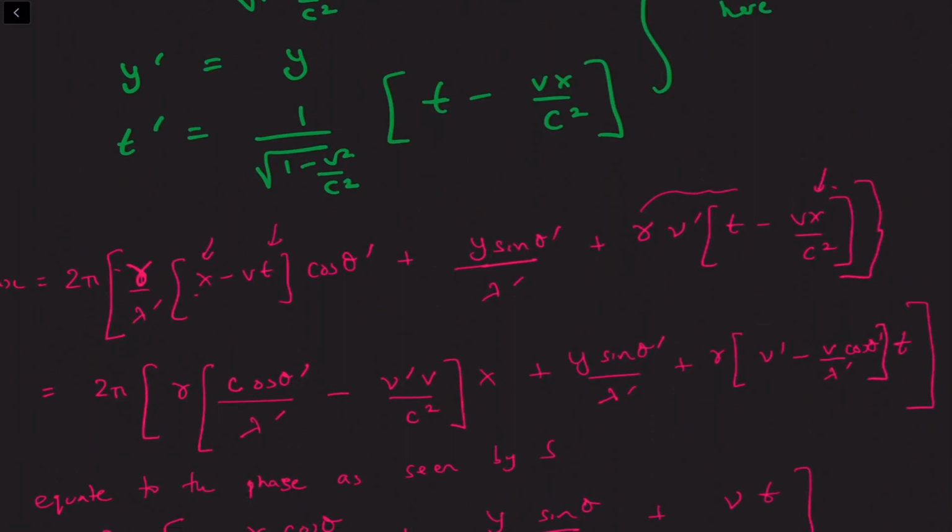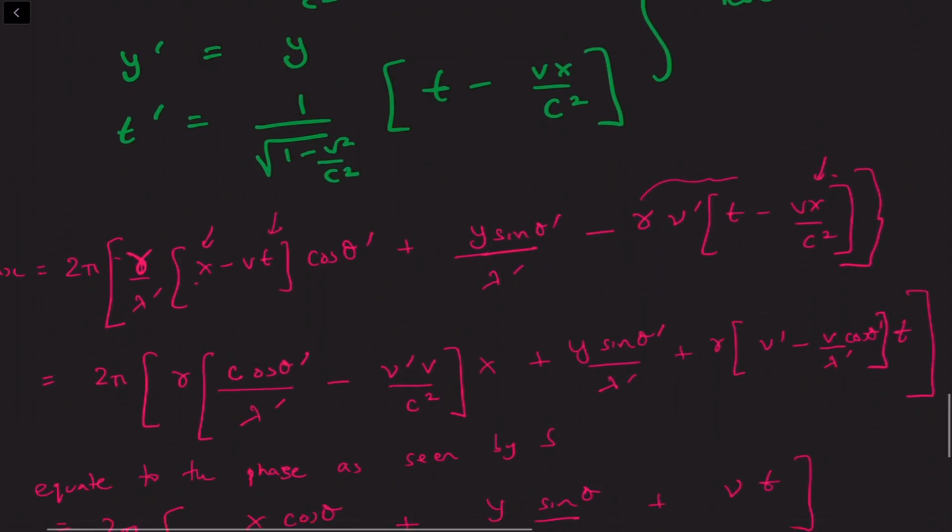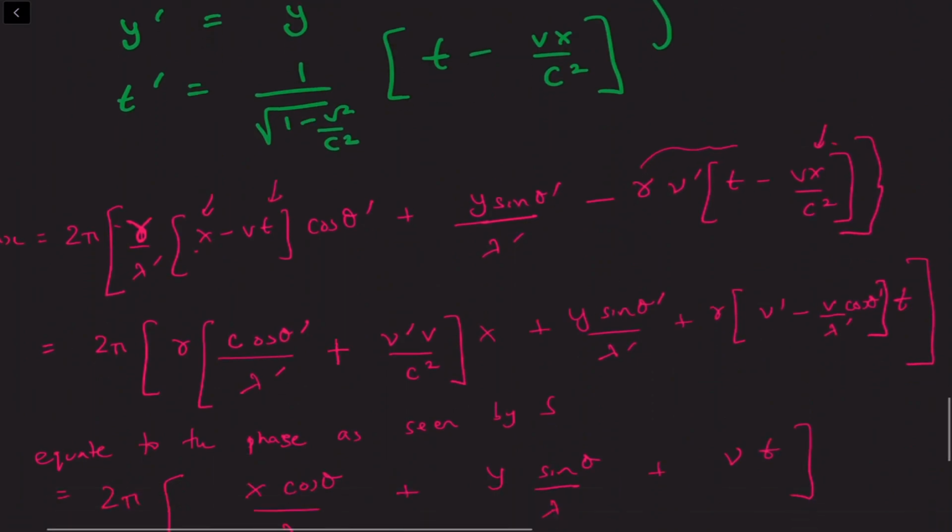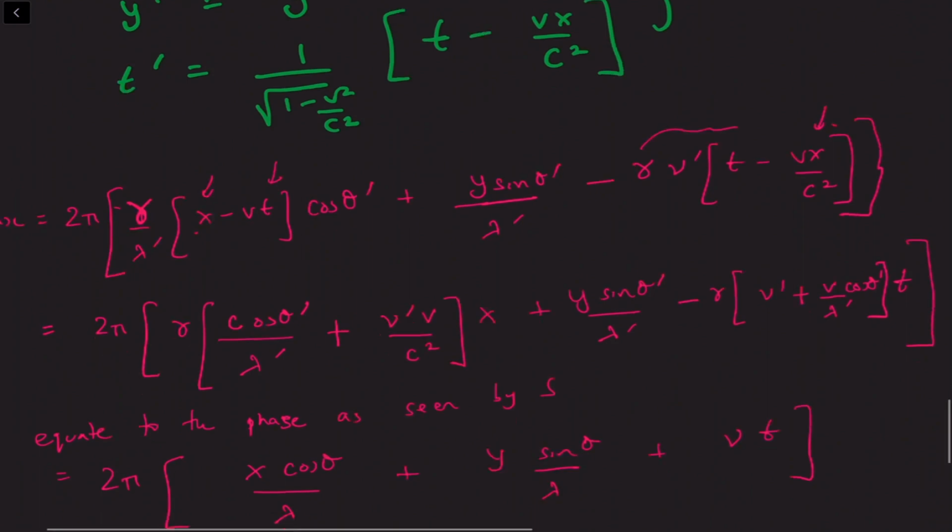I think I made a few sign errors here. This is minus the frequency, so I'm just going to write this as minus sign. So that would correct the sign over here, and there would be an overall minus sign here and a plus sign over here.